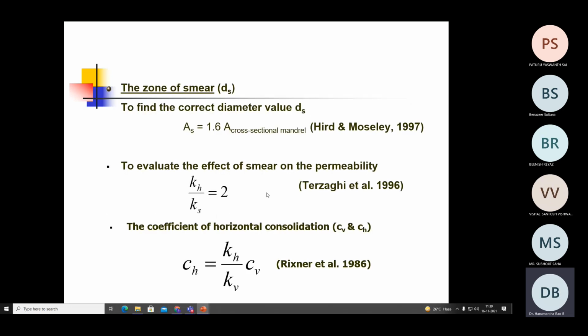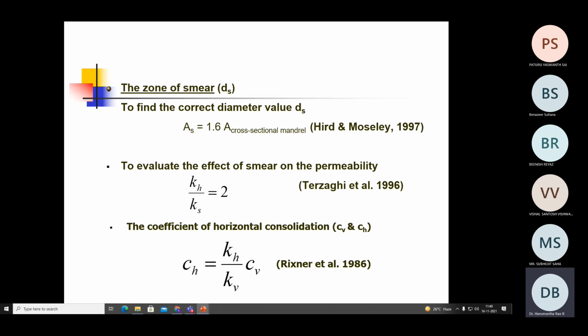So this is some more information. Though I said there is some smear effect, it is practically impossible to determine the exact zone of the smear effect. How shall I determine the diameter of the zone? There are no stipulated guidelines, and in the field also, it is a little bit difficult to determine how much zone has been disturbed.